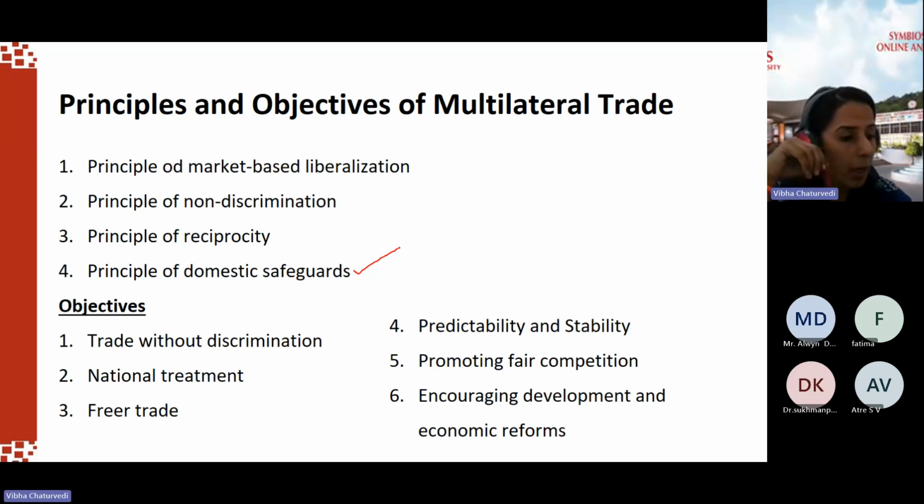Predictability and stability are very important objectives of multilateral trade, because the attempt by government to make the business environment more stable and predictable can be done by promising not to raise any trade barrier, not to bring about a new trade clause or raise a new trade barrier. And it is very important as we keep on lowering, right?